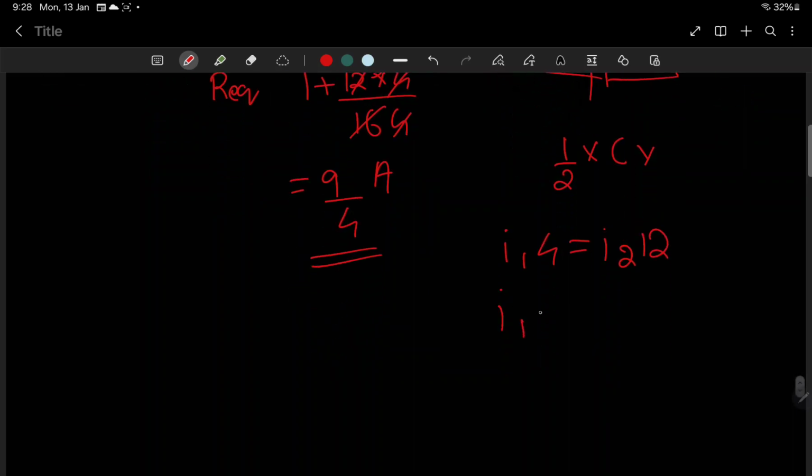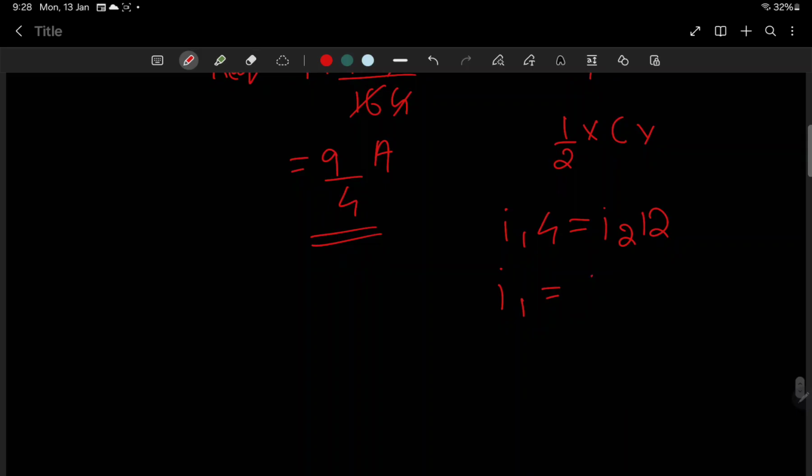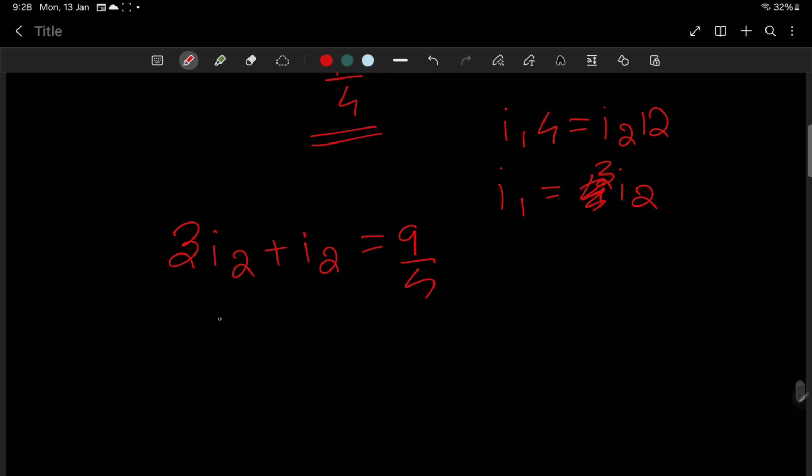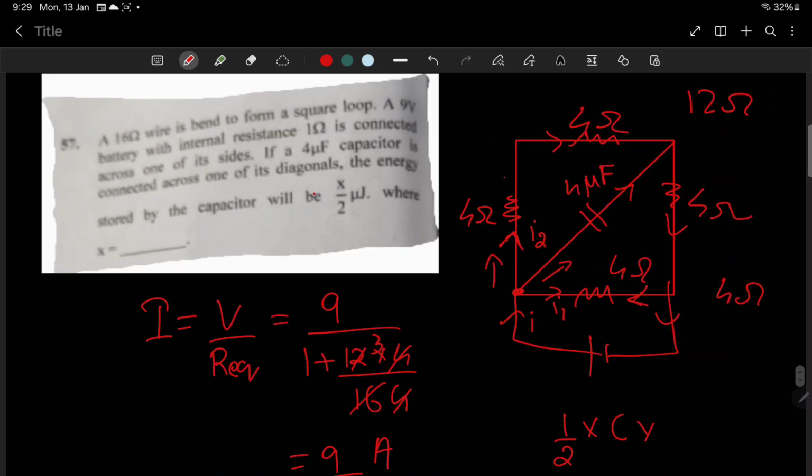Therefore I1 is equal to 3 times I2. Therefore 3I2 plus I2 equal to 9 by 4. That is 4I2 is equal to 9 by 4. Therefore I2 is equal to 9 by 16 ampere. So through this 9 by 16 ampere flows.